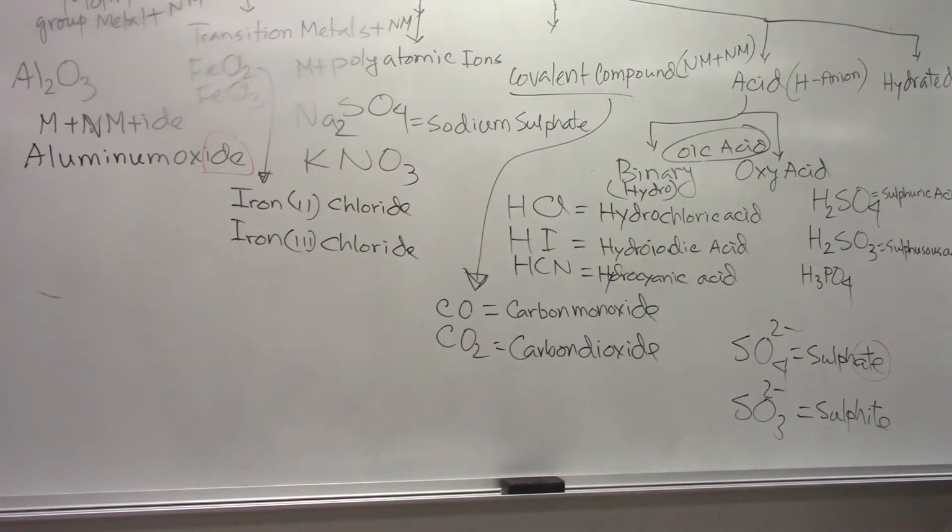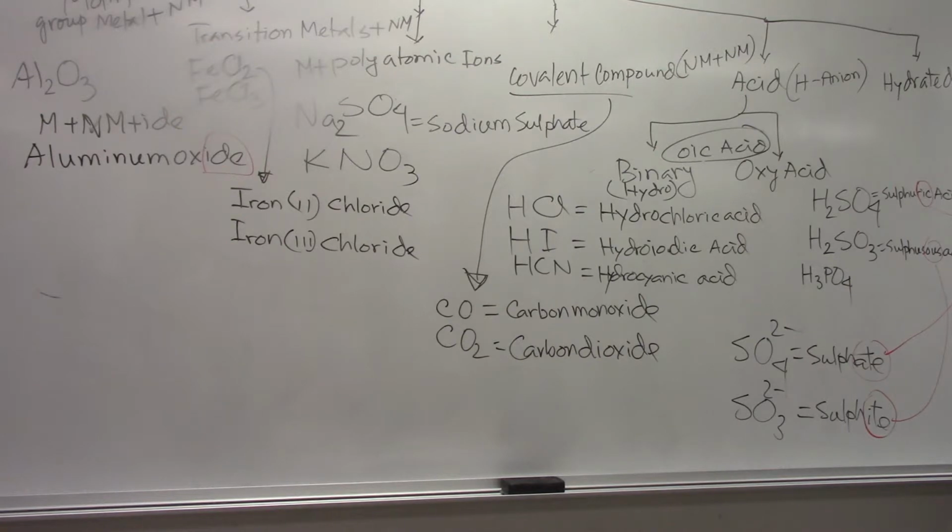You see what happened? If the acid comes from sulfate, ate becomes ic. If the acid comes from ite, then ite becomes ous.